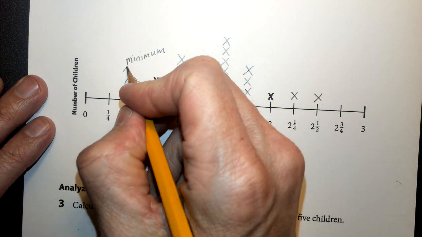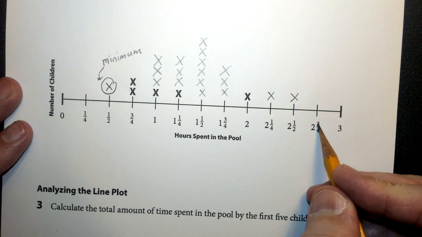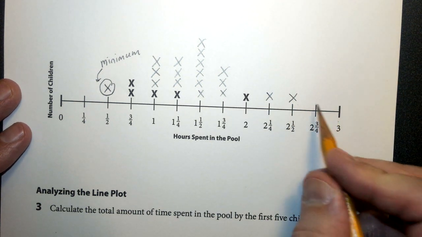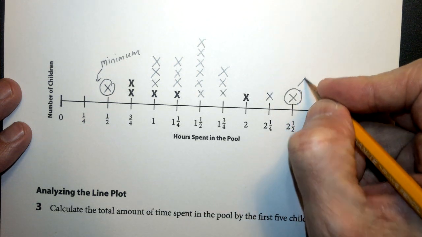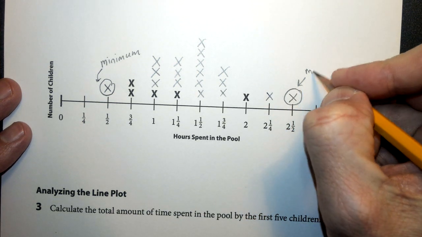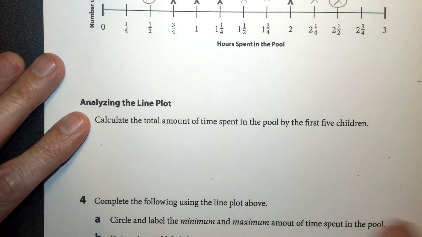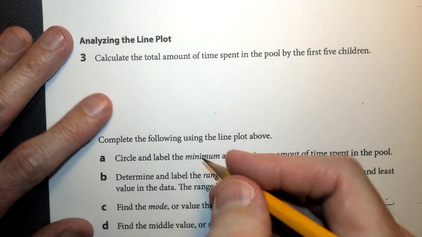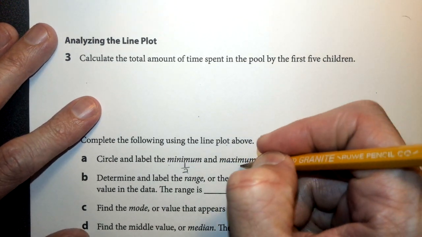And then the maximum is the highest number that has an x on it. So it's not 2 3/4 and it's not 3 because we don't have an x for those. So 2.5 is the maximum. So the minimum is 1/2 and the maximum is 2.5.